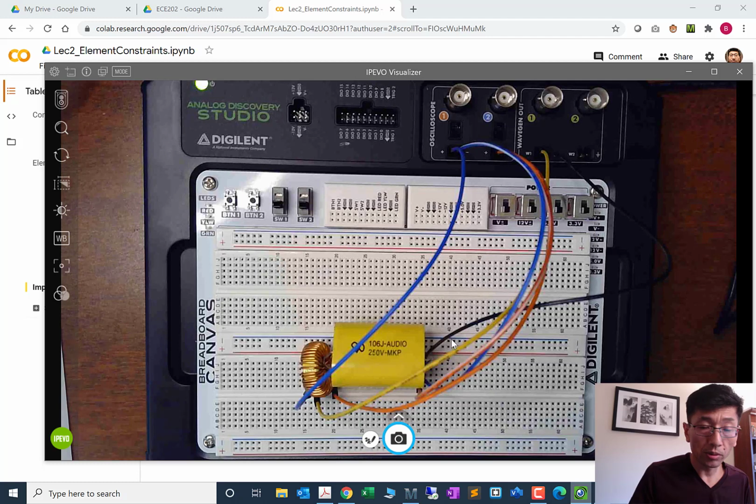So that's the total voltage across L and C. I use channel 1 of the scope to measure the total voltage, and I use channel 2 to measure the voltage just across the capacitance, the two orange lines. So that's the setup.